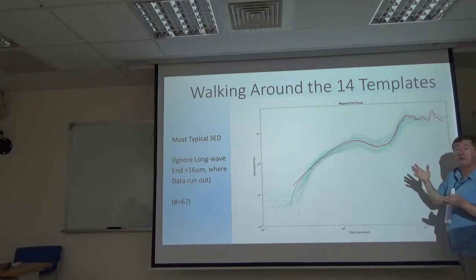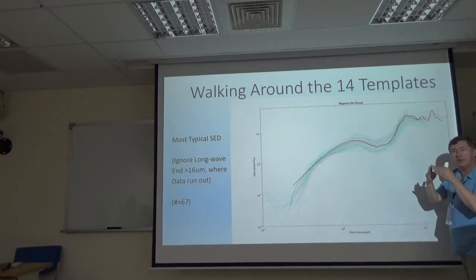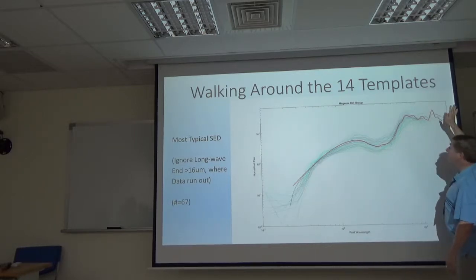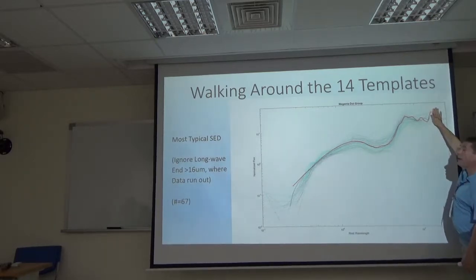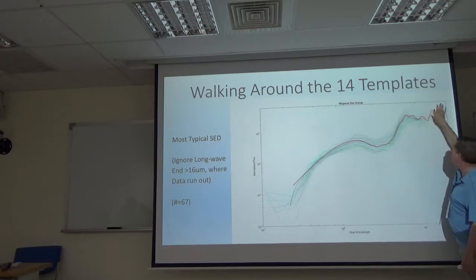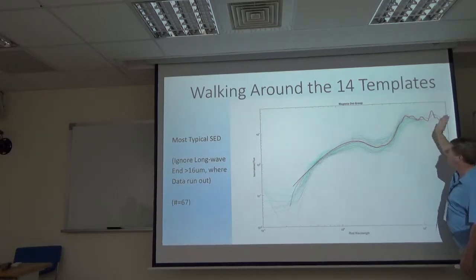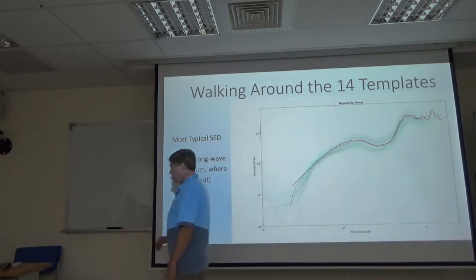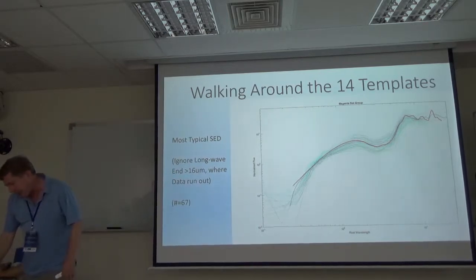I wanted to preserve the possibility for some spectral features from PAHs. Please, in all of the graphs, forget about what happens at the end. The data runs out and the spline does some crazy wiggles. Just stop about there. That's one example, based on 67 galaxies.